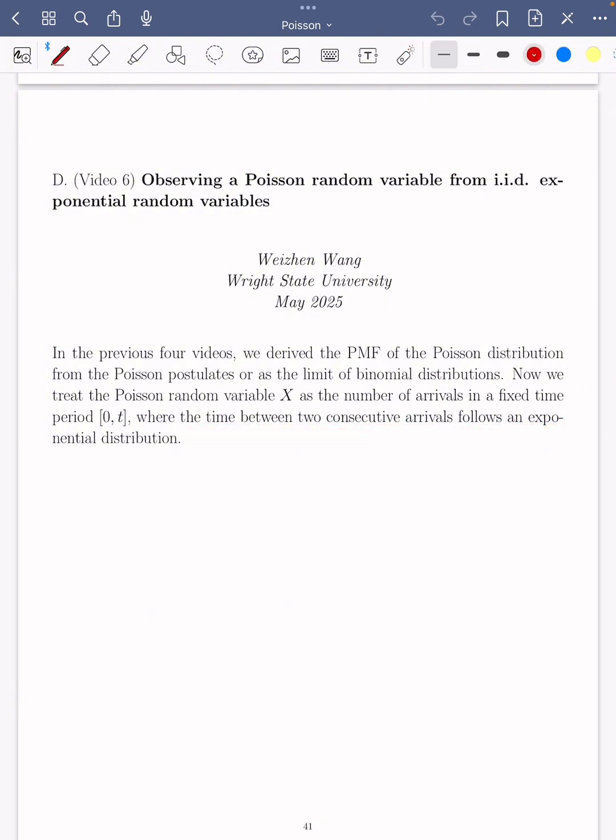So that is, this is 0 and this is t, and we have N_t here. So N_t will be the number of arrivals in this time period, and this is the first arrival time, S1, and this one is the second arrival time, S2, and so on.